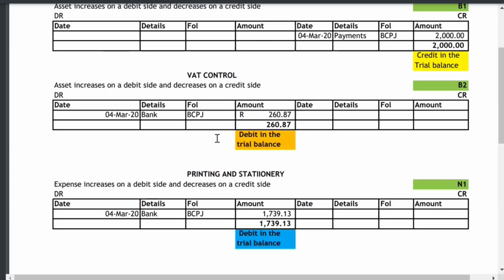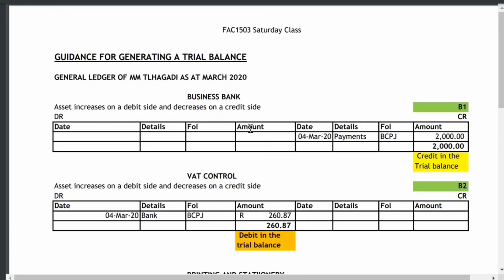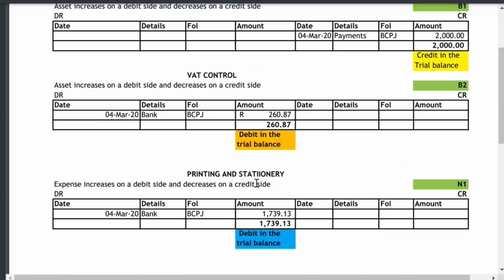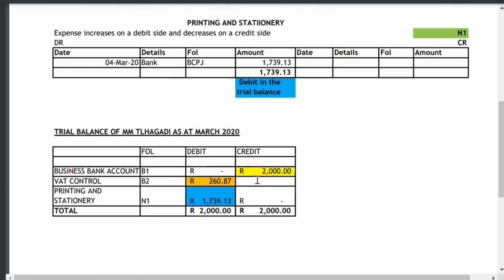And these were just the 3 accounts that you updated in your general ledger. The one thing that you need to notice, especially when you do the trial balance, is that your trial balance must always balance. The 2,000 on the credit side is the total.